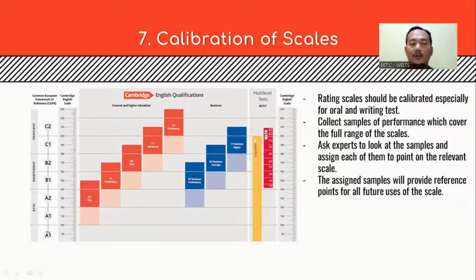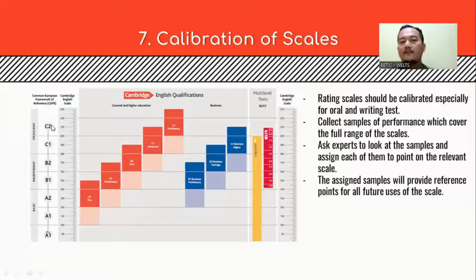As we can see here, we have a very common and familiar framework called the Common European Framework of Reference. It tells us the proficiency level for English speakers: basic, independent, proficient, starting from A1 to C2.